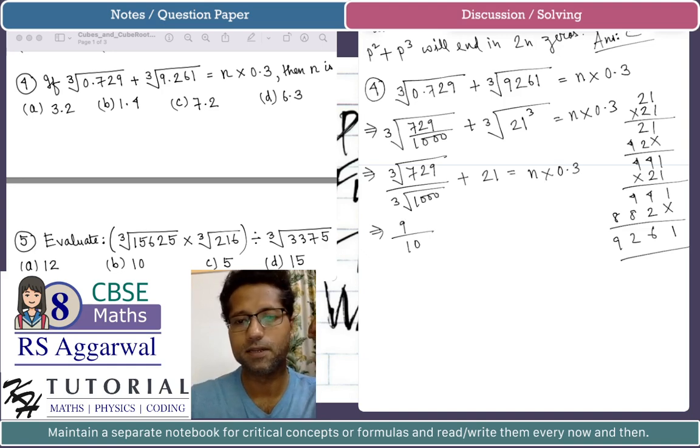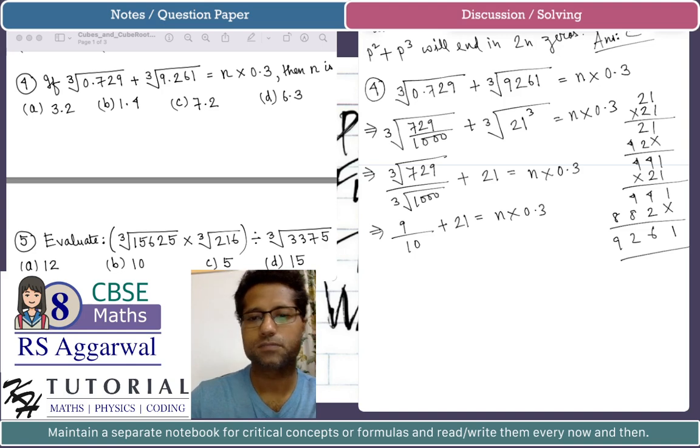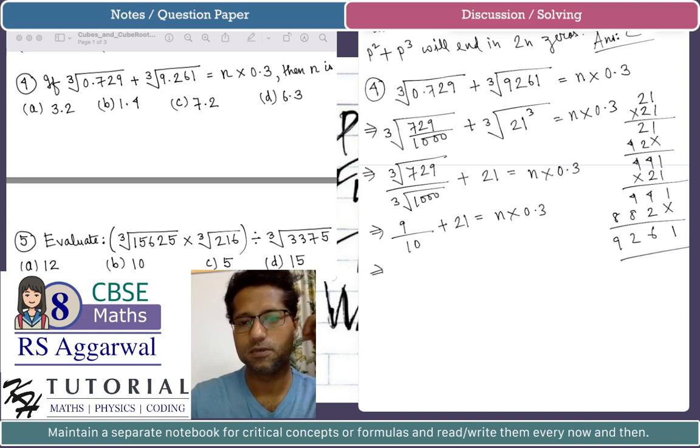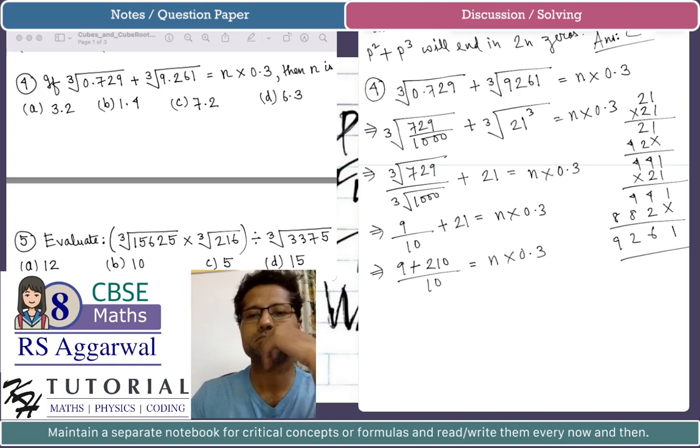So we have 9 by 10 plus 21 equal to n into 0.3. If you simplify 9 by 10 plus 21, it becomes 9 plus 210 divided by 10, equal to n multiplied by 0.3.